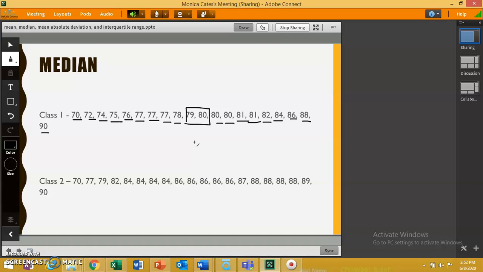So that's 79 plus 80 divided by 2, and that gives me 79.5.